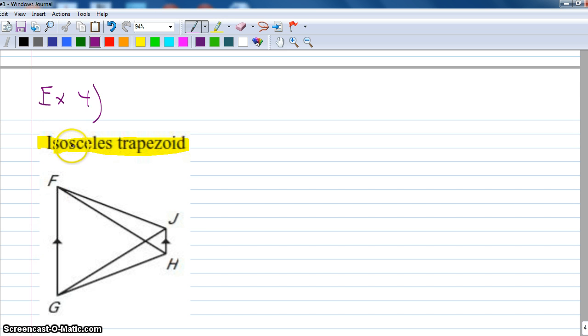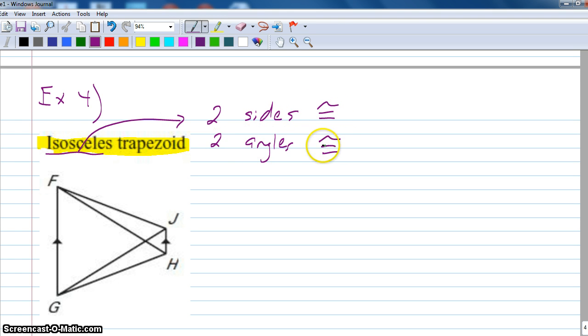And isosceles means two sides are the same and two angles are the same. Two sides are congruent and two angles are congruent. So let's make some sides congruent. I'm going to say FJ is congruent to GH.